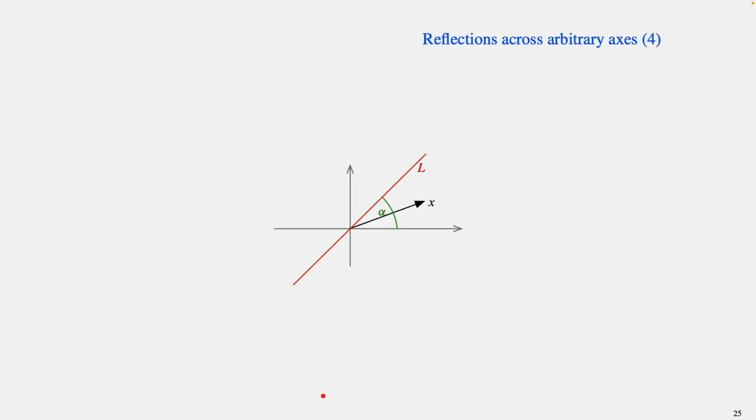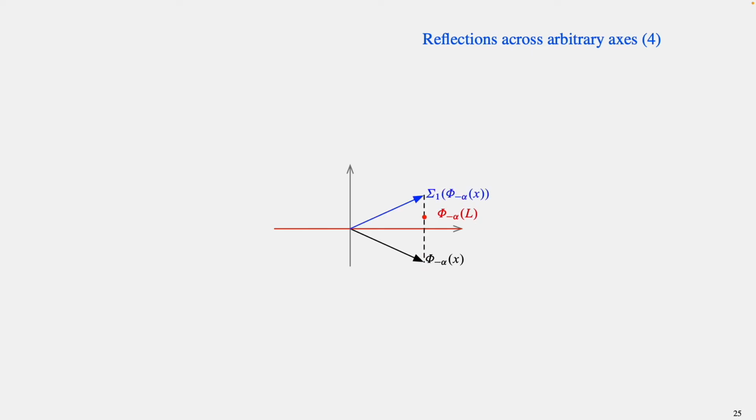Let me quickly review this so it's easier to memorize. So this is our initial situation. We have the axis L, which has an angle alpha to the first coordinate axis. And now if we want to reflect any vector x across this axis here, what we do, first we rotate L onto the first coordinate axis, which also rotates every vector in the plane by minus alpha.